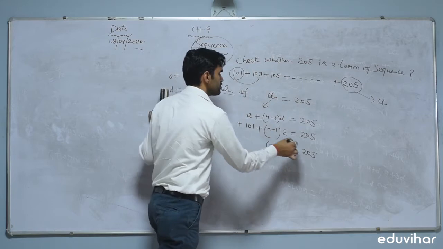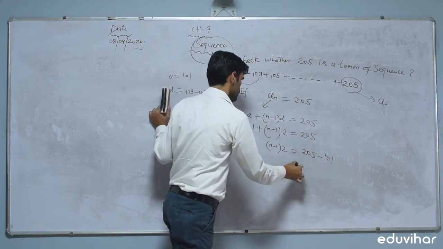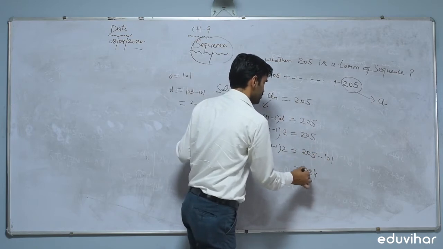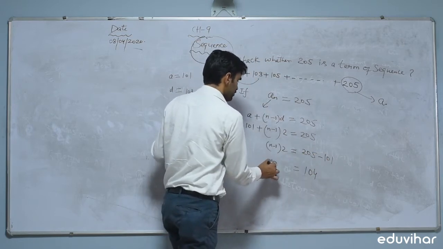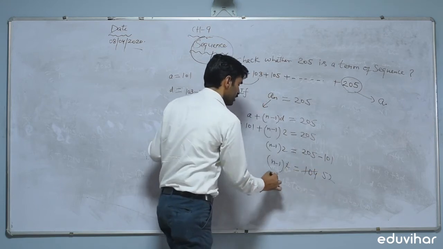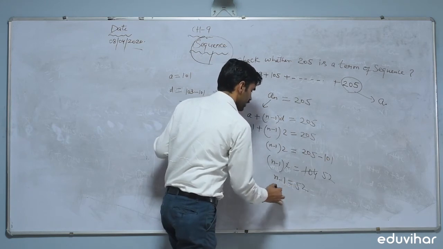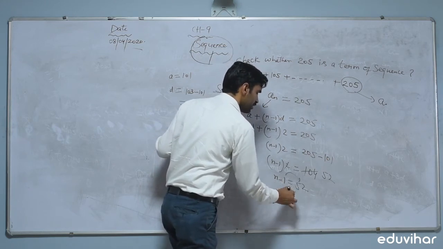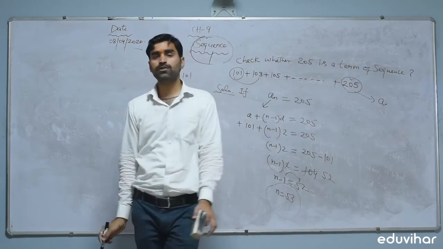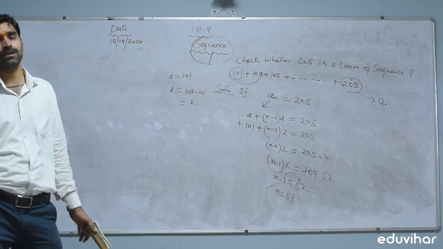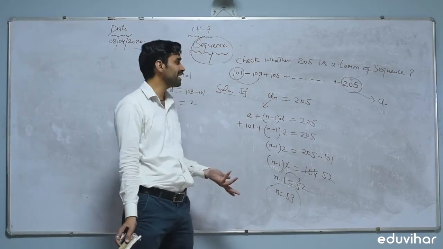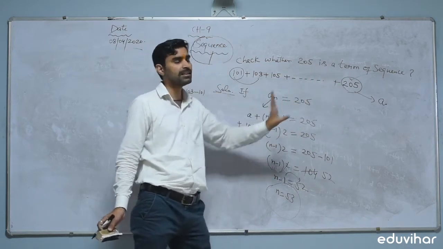Transposing 101, we get 205 minus 101, which is 104. So (n minus 1) into 2 equals 104, that is 52. n minus 1 equals 52, so the value of n equals 53. So we can say 205 will be the 53rd term of the AP. That is, the number of terms is a whole number, so we can say 205 is a term of the sequence.